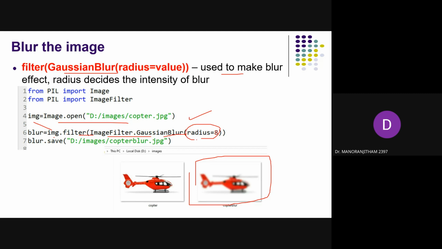You have to specify the radius, and accordingly it will blur the images. So Gaussian blur is one of the filter techniques used to blur the given images. With this I will stop.